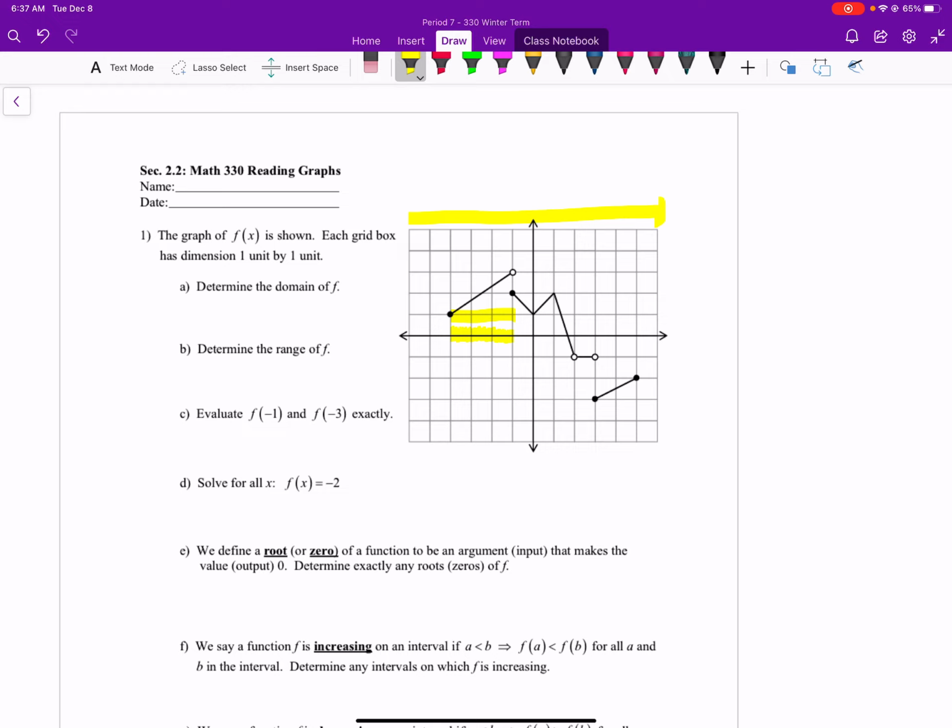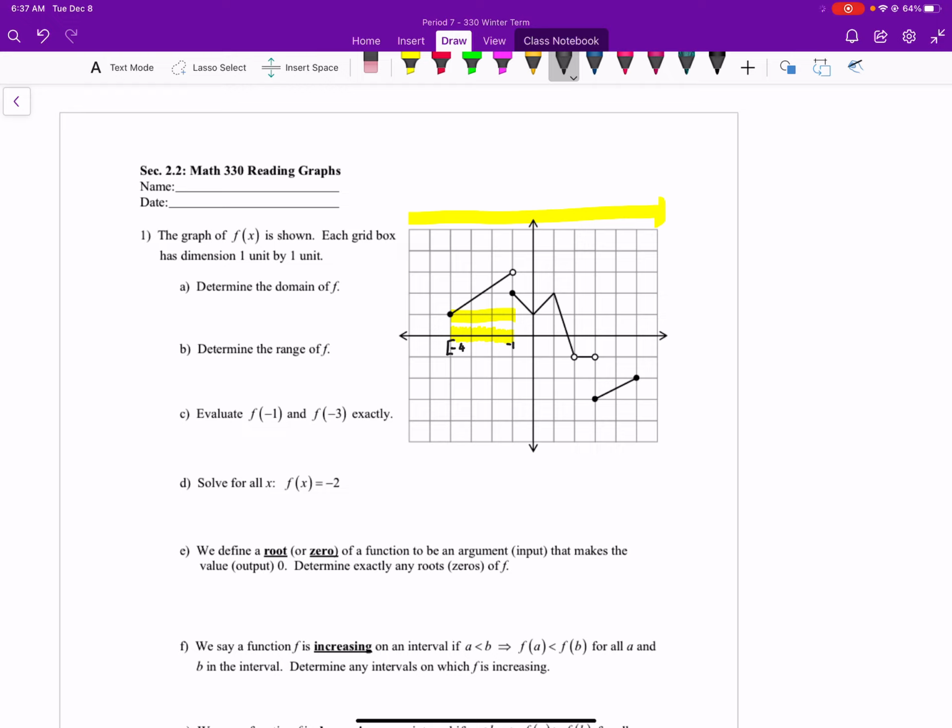If I wanted to evaluate f of -1, the answer will be 2 and not 3, because 3 is an open circle. So I'm going to start from -4, and then stop right here at -1.